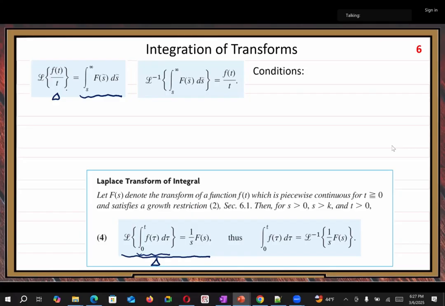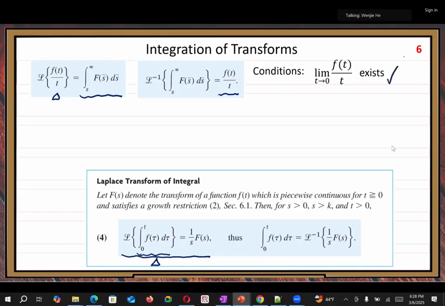The condition: when you use this expression, you need to make sure that as t goes to 0, this limit exists. It's an extra condition. Otherwise it does not converge at 0, so you need to check this condition.